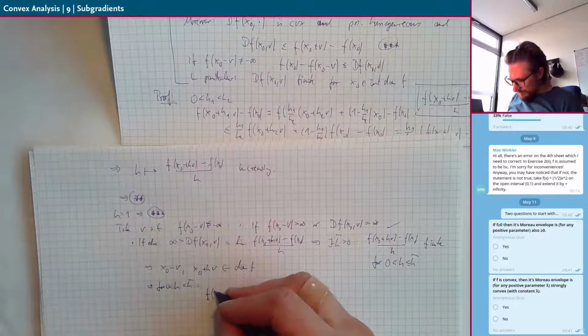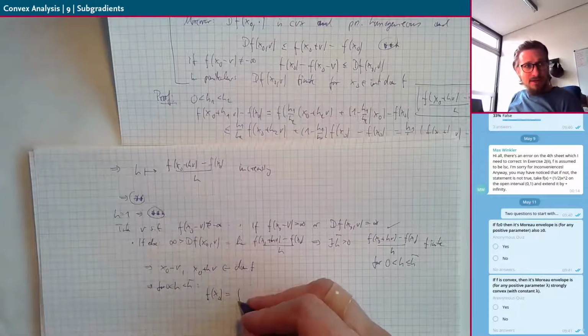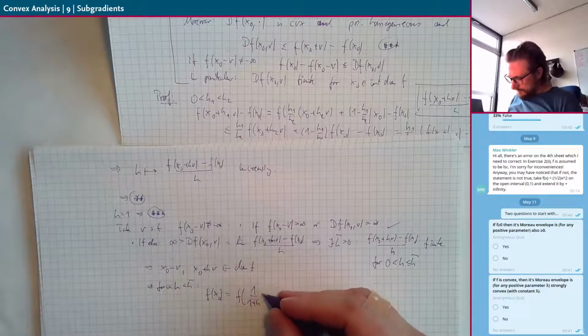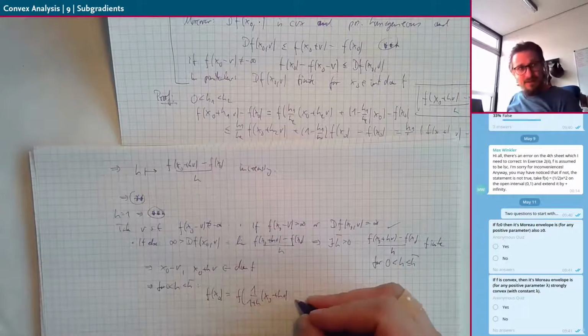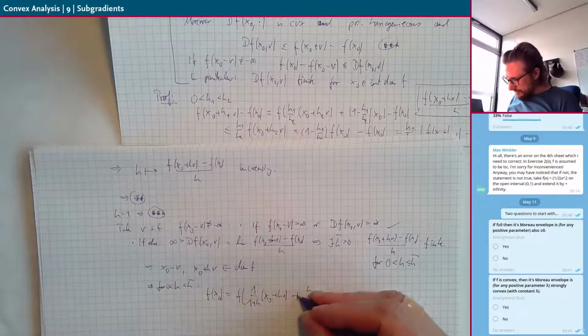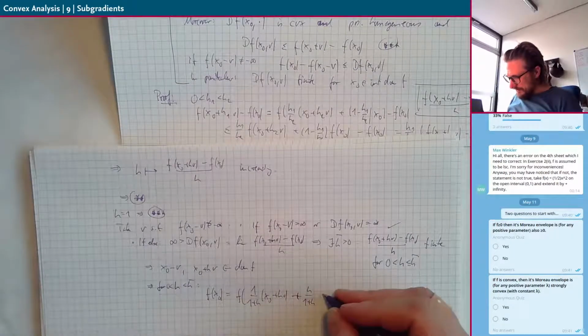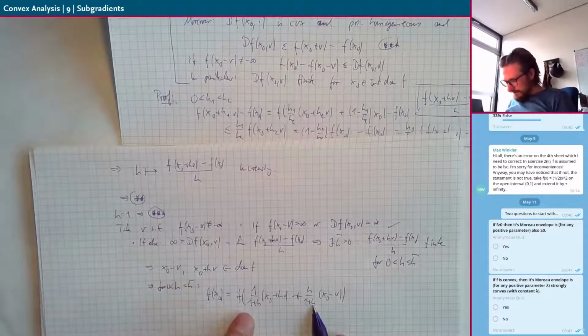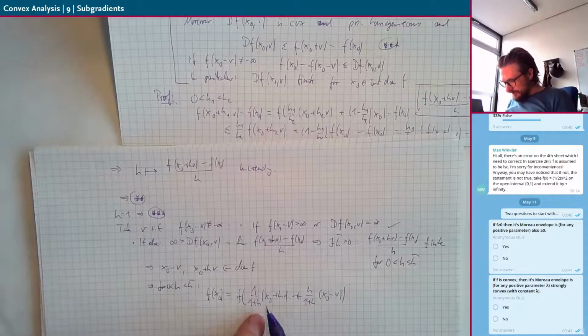We can write x0 as a convex combination, slightly non-obvious, but it's 1 over 1 plus h times x0 plus hv, plus h over 1 plus h times x0 minus v. Let's check again that this is actually true. So of course it's a convex combination, and these add up to 1.